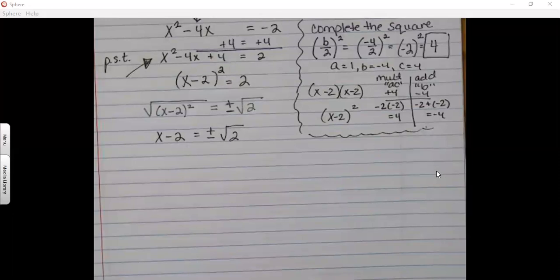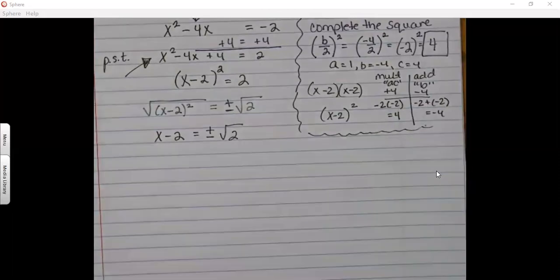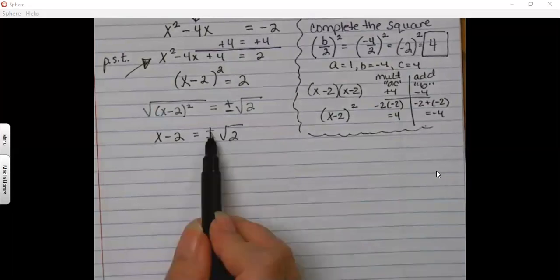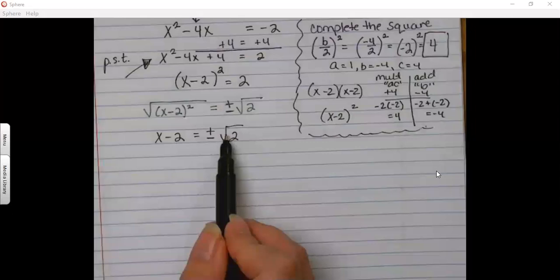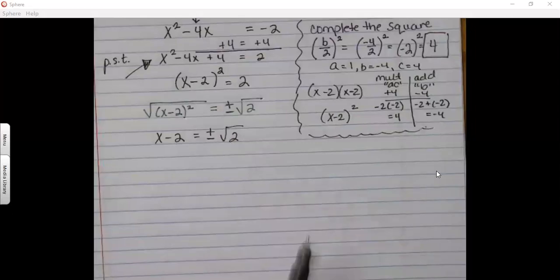Step number 6, write 2 separate equations and solve each one for the variable. How do we get 2 separate equations? Remember on quadratic formula when we wrote our answers, 2 separate answers? One of your answers took the positive square root into account, the other answer took the negative square root into account, just like that. So I'm going to write 2 separate equations.